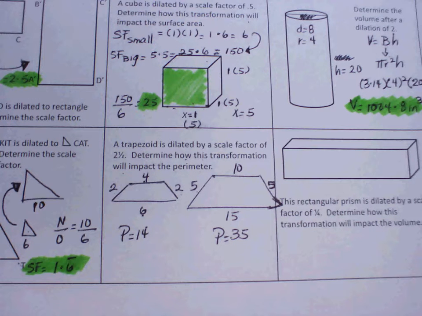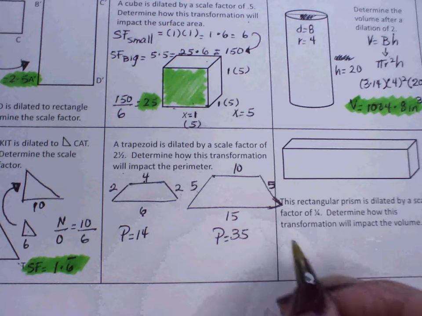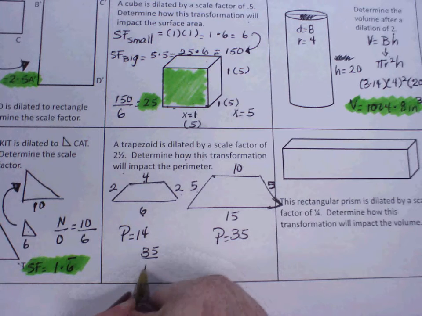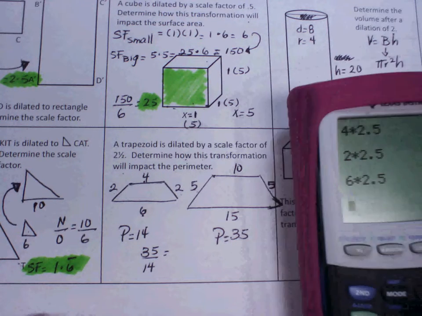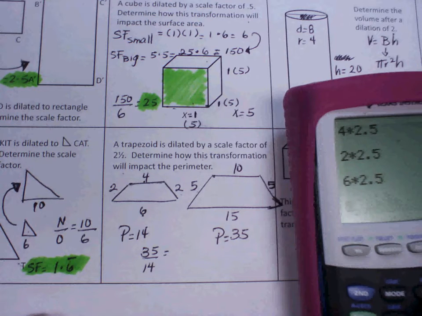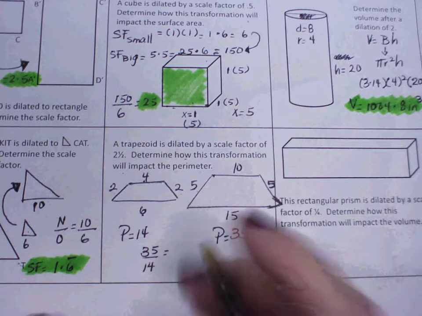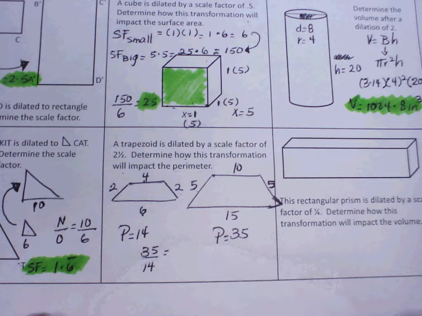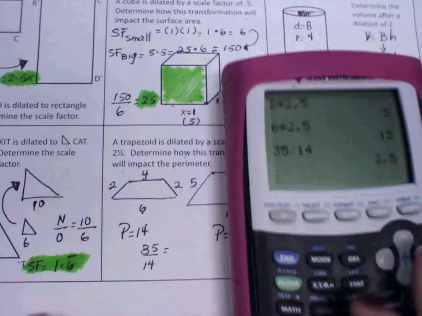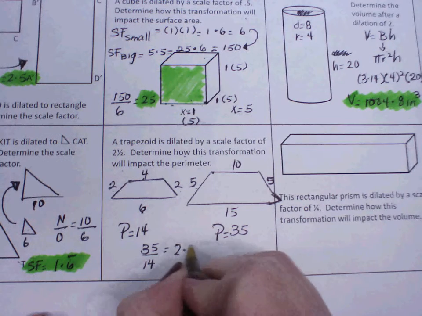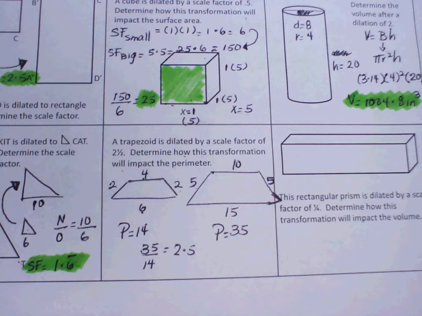All right, so now if I want to figure out how many times bigger it is, divide. All right, so 35 divided by 14. 2.5? Yes? 2.5.